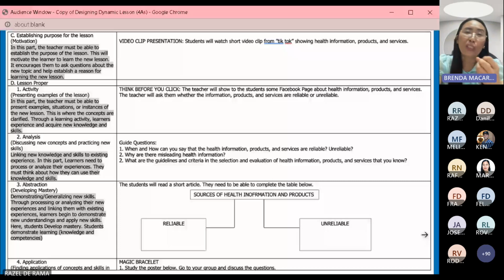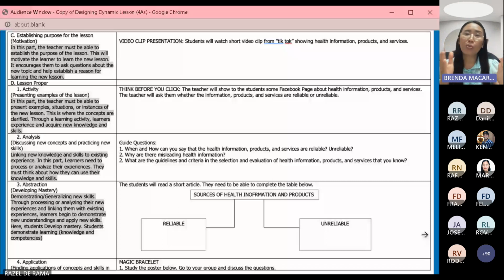Diyan papasok yung questioning technique nating mga teachers. So, by presenting the different scenarios or examples, yung concepts, information will be clarified by the use of our questioning technique. So, yung information, experiences, must be relevant to the students.